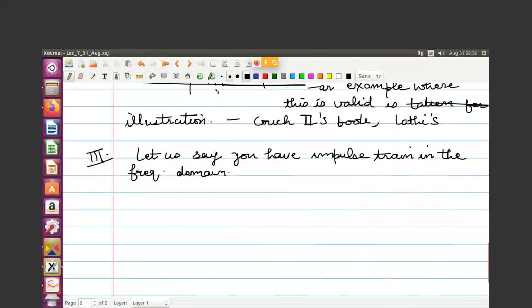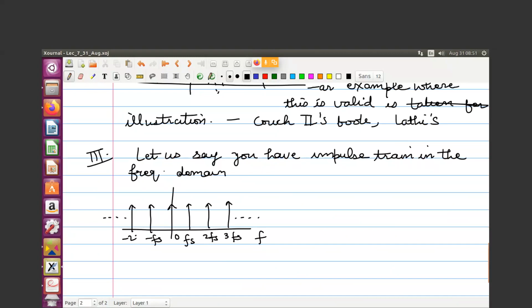Let us say you have this f-axis, and I am drawing one impulse at 0, then this impulse, then again this impulse, and this goes on on both sides. This is 0, this is fs, 2fs, 3fs, minus fs, minus 2fs, and this goes on the left side as well.